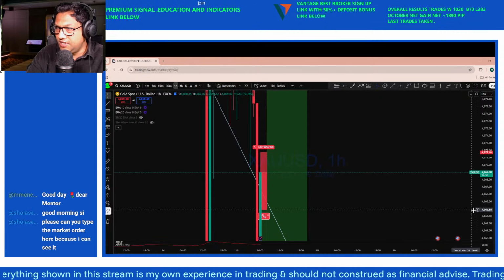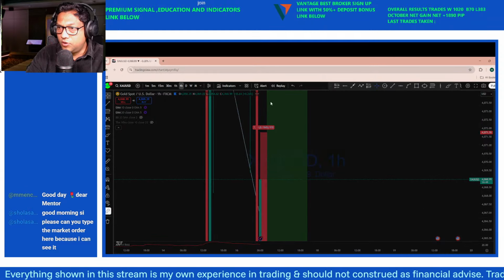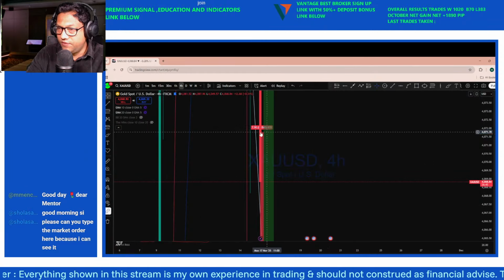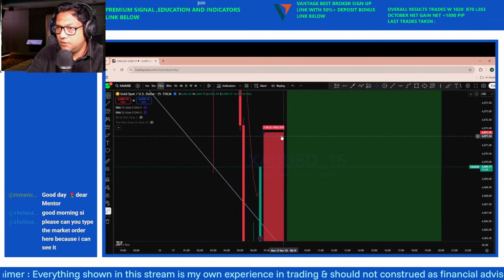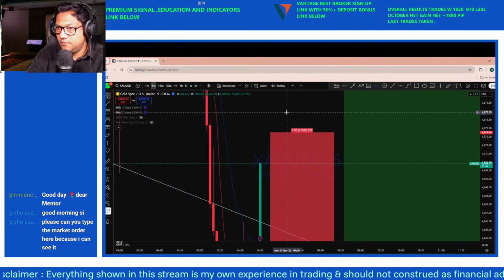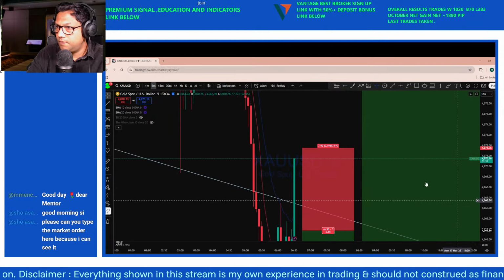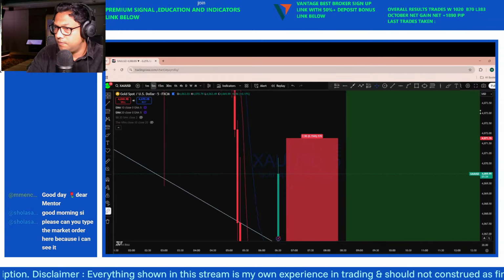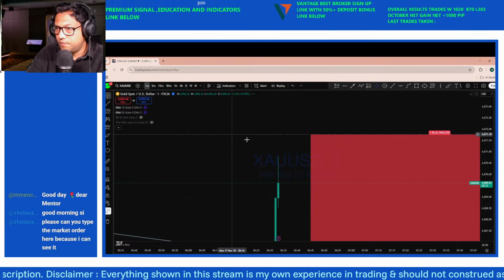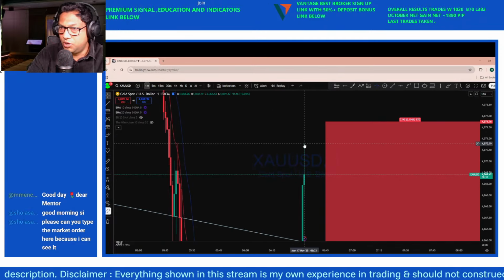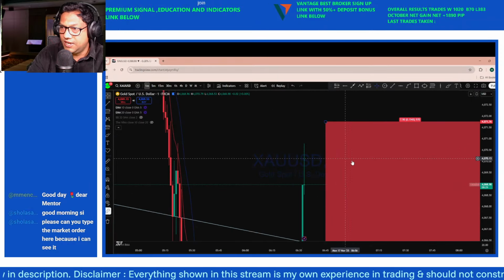The market is, if you look at the 4 hour, there was a significant bounce, and this might be just a pure liquidity trigger from this key level.